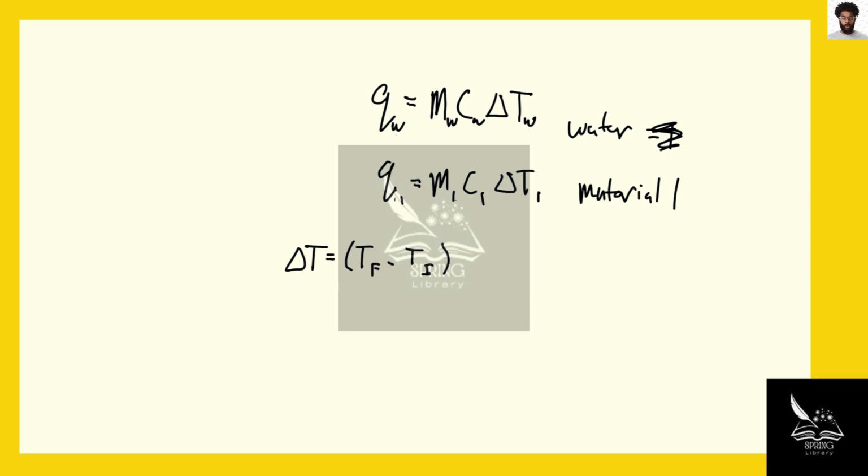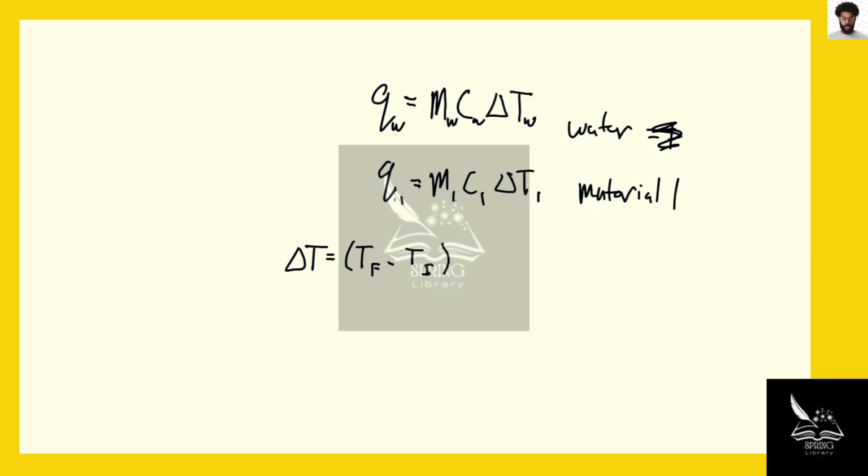But they're tied together in another way, right? Any of the heat that is gained by our material has to be gained from the water, and vice versa. If our material loses energy, the water has to end up with that energy.